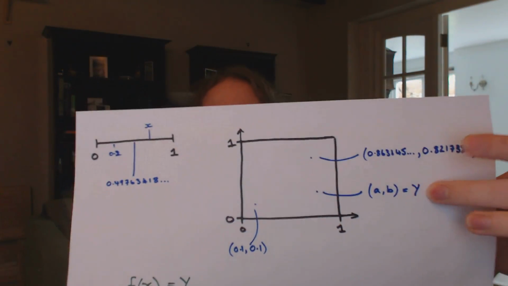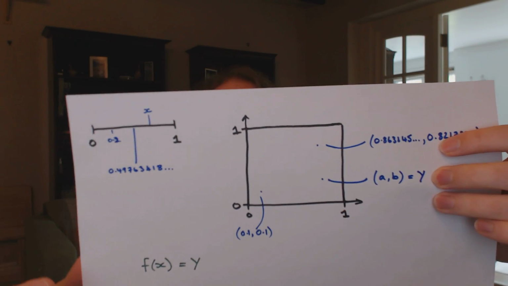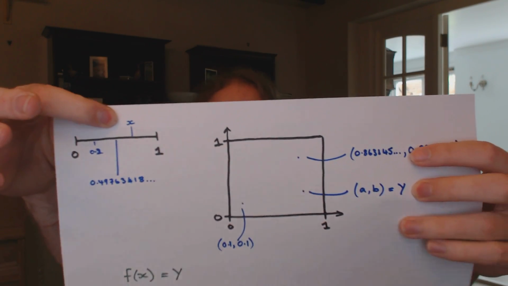One of the interesting asides that I got from Wikipedia was that it's surjective, which means that you can fill the square basically from a line, but it's not injective, which is to do with the fact that every coordinate in the square, every y, has a distinct x.